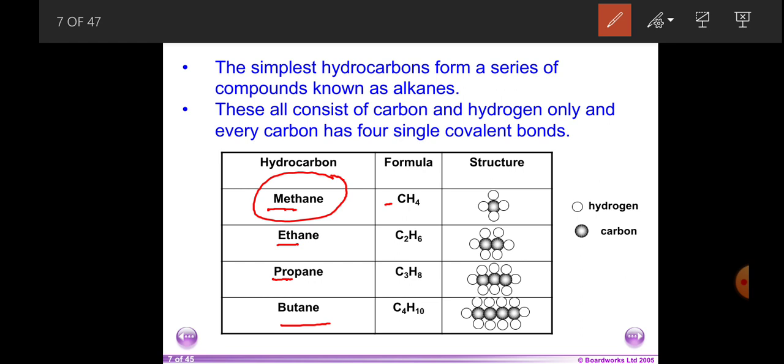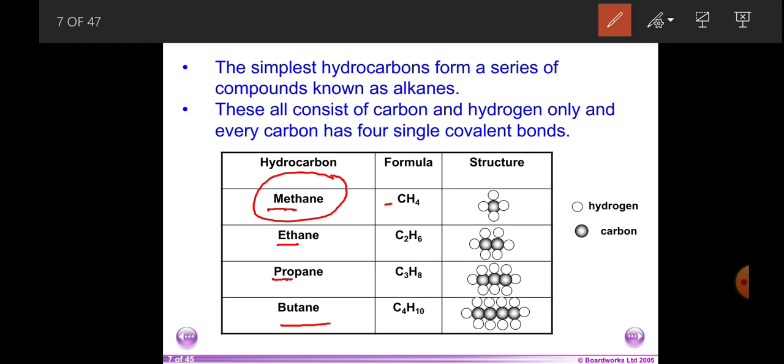So the difference between the first member and the second member is 1 carbon and 2 hydrogens, meaning that if you add 1 carbon and 2 hydrogens to the first member, you're going to form the second member.